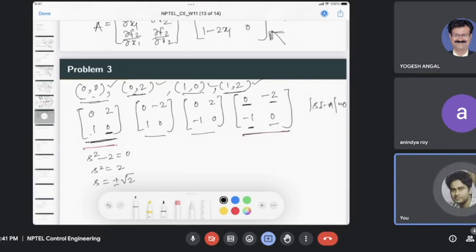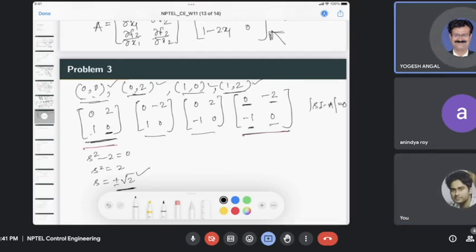In one coordinate it is stable, reaching the equilibrium point because of the negative sign. In the other coordinate the positive sign means it is diverging. Since both are not in the left half, around this equilibrium point the system is unstable because of the one positive value.